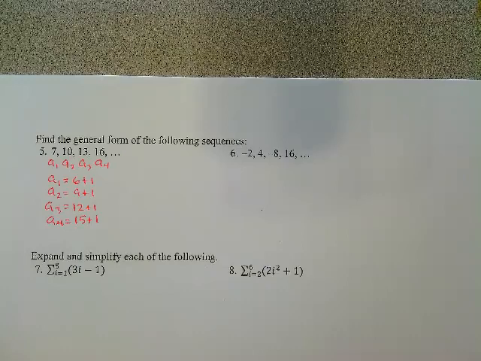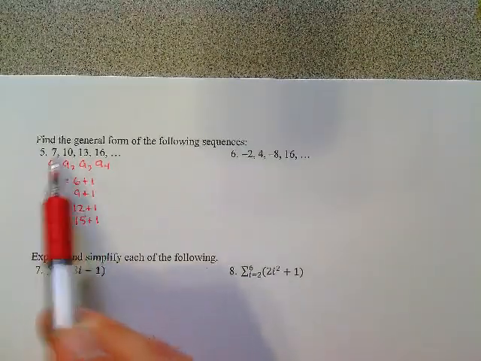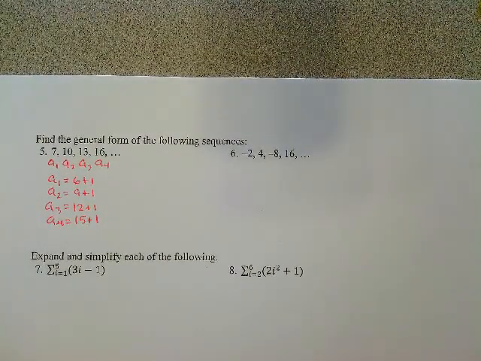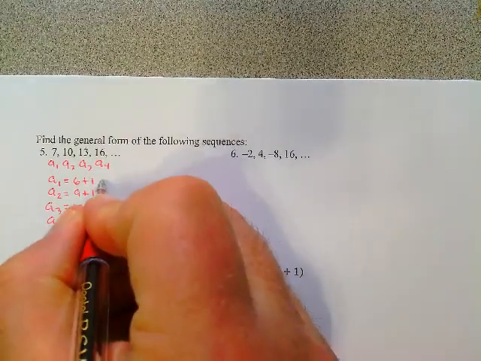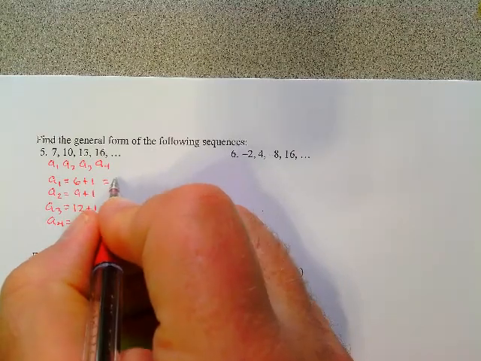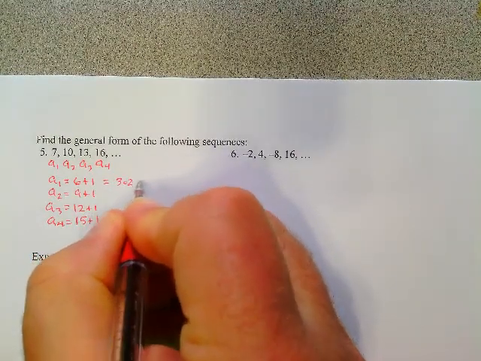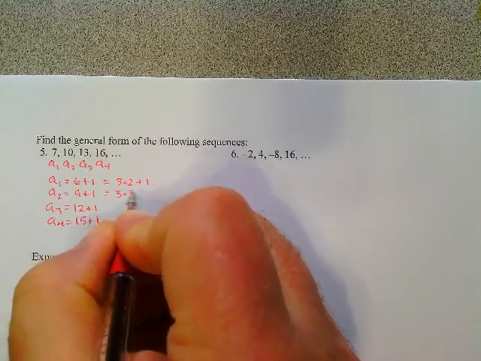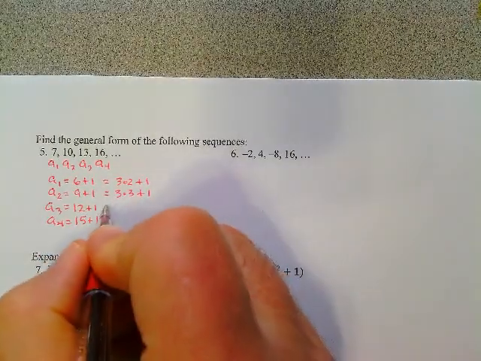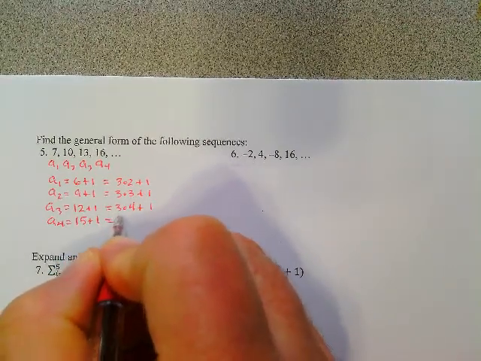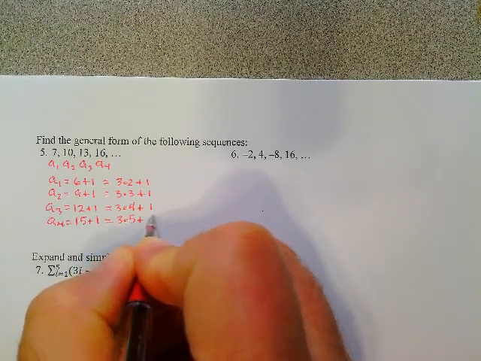They're all 1 off of multiples of 3. And so by pulling out that 1, by thinking 6, 9, 12, 15, hey, those are all multiples of 3 and I'm 1 off, then I can go, well, wait a minute, so 6, that's just 3 times 2, and then of course I still have the plus 1, and then 9 is 3 times 3 plus 1, 3 times 4 plus 1, 3 times 5 plus 1.